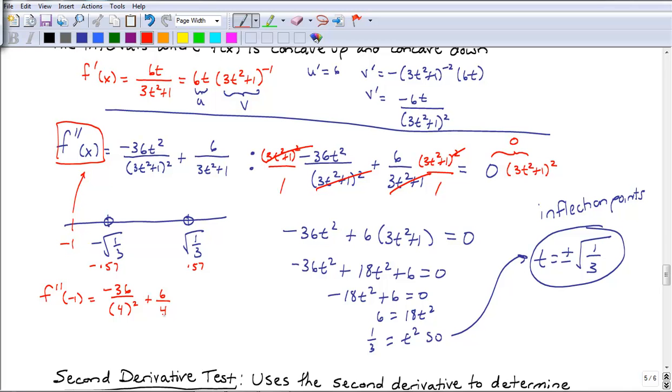You plug in negative 1, you get negative 36 over 3 plus 1 squared, 4 squared. So negative 36 divided by 16 plus 6/4 gives me negative 0.75. So it's negative.